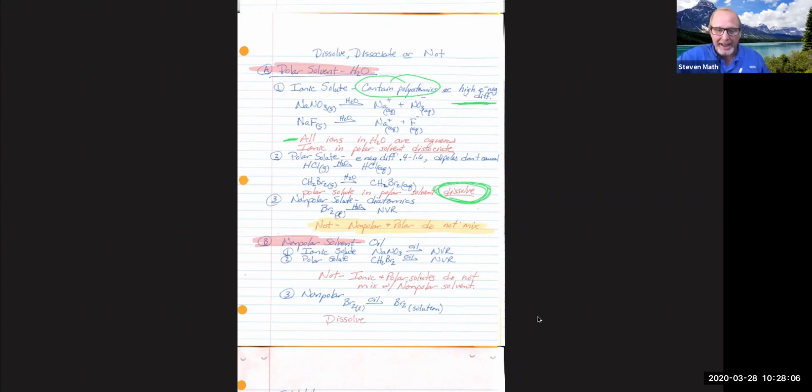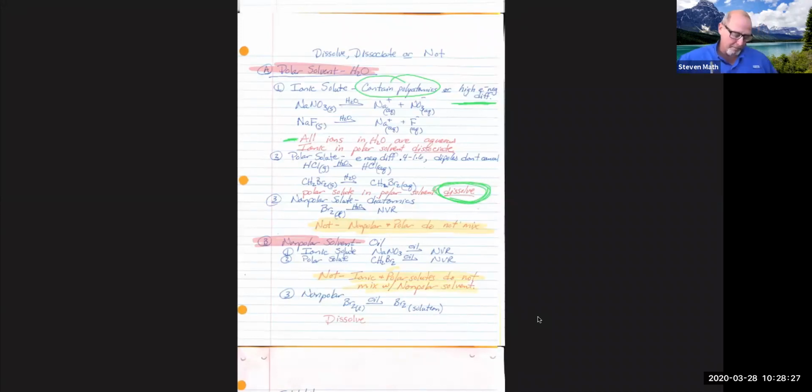No visible reactions going on there. Same thing with our polars. If we took, in this case, a brominated methane molecule, nothing's going to happen. Ionic and polars do not mix.